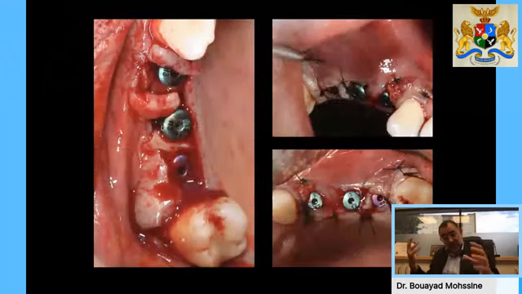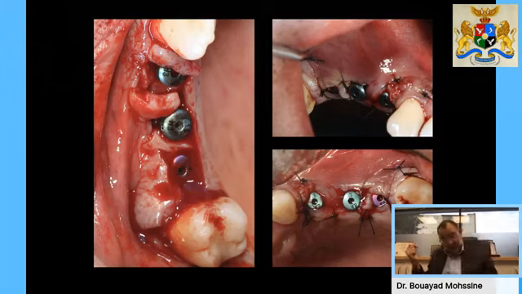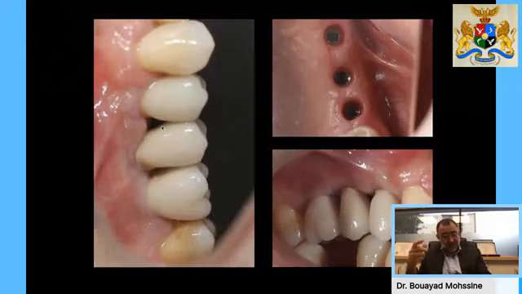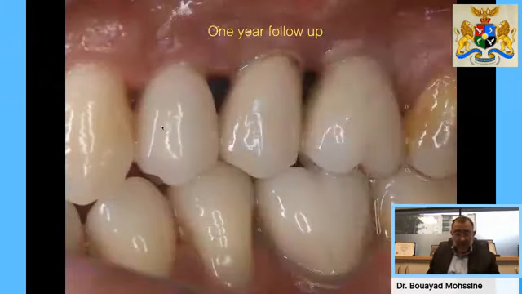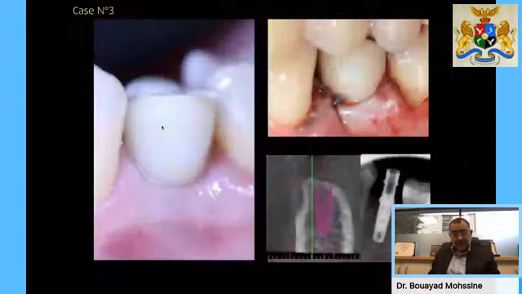We also use a Palacci technique to create a new papilla between the healing abutments. This is the healing and the placement of the crown, and this is the healing at 1 year follow-up.